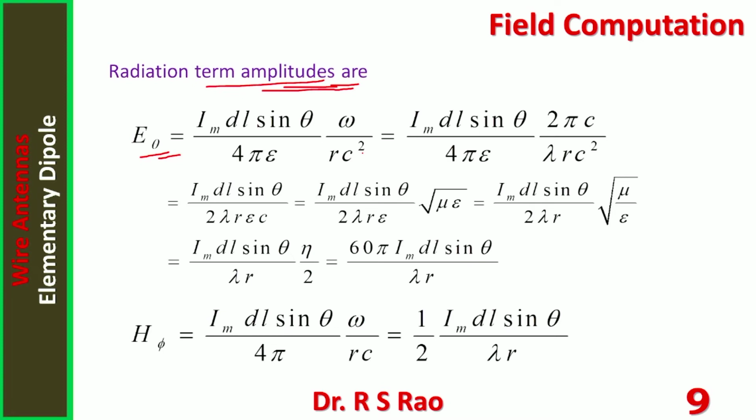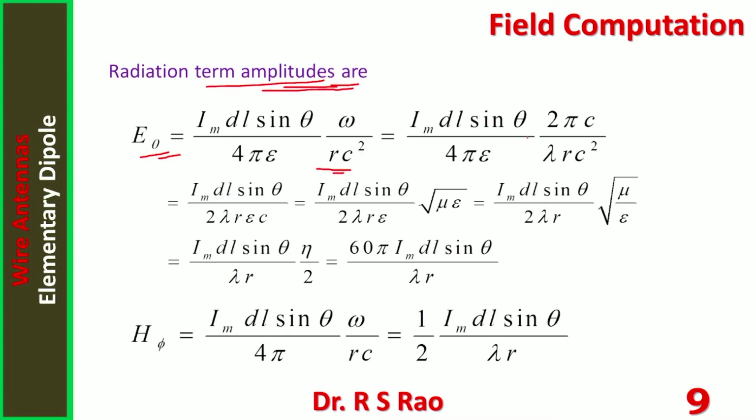So two aspects one has to keep in mind. E r and E phi do not contribute to radiation. This is one aspect. Second aspect, in E theta too, the term carrying inverse r square and the term carrying inverse r cube do not contribute to radiation. Only the inverse distance term of E theta is the one that contributes to radiation.